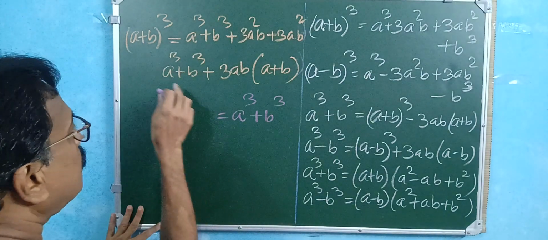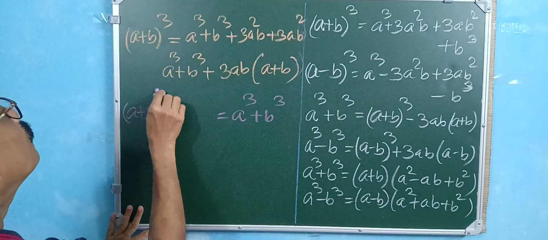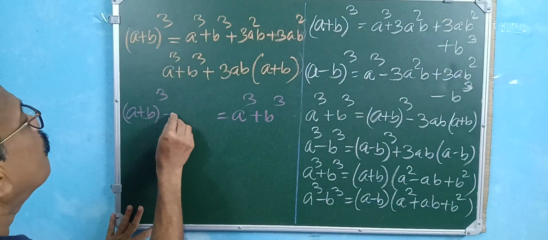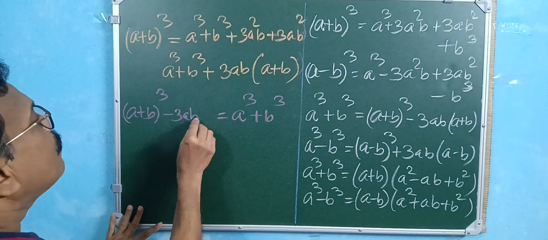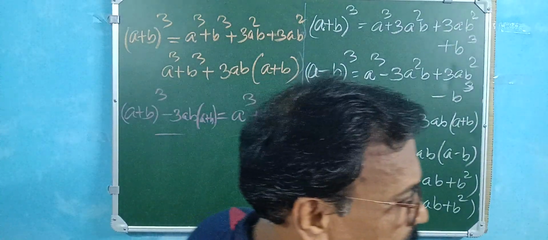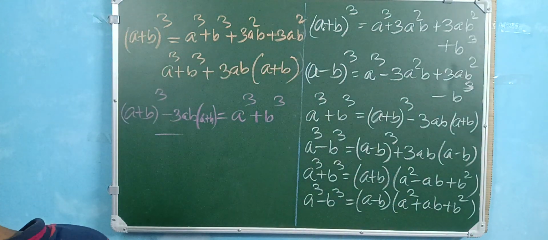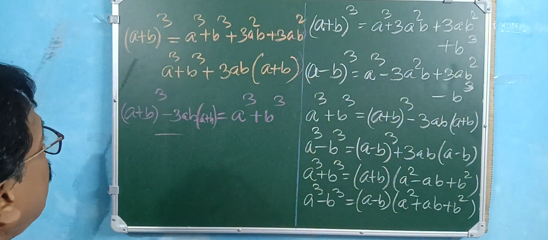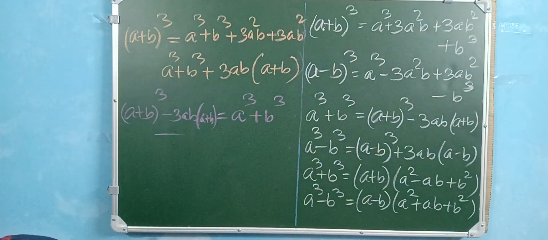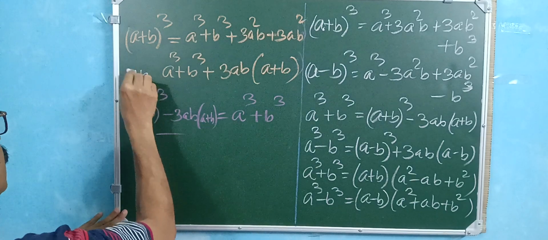Then the formula developed is (a plus b) whole cube minus 3ab(a plus b) equals a cube plus b cube. Don't be confused; if confusion arises, write (a plus b) whole cube here.